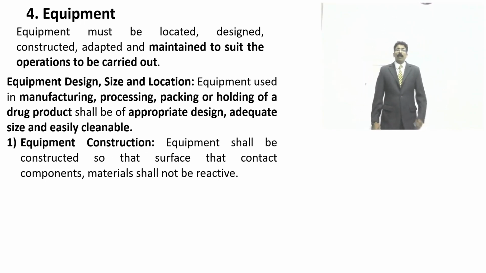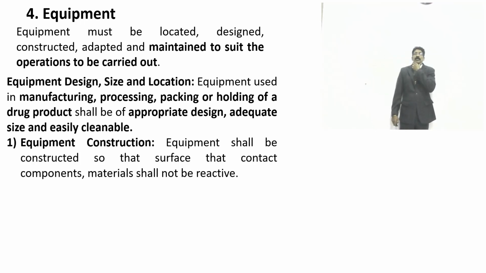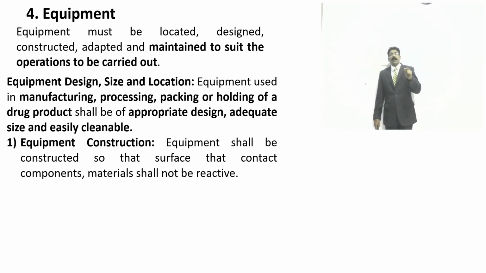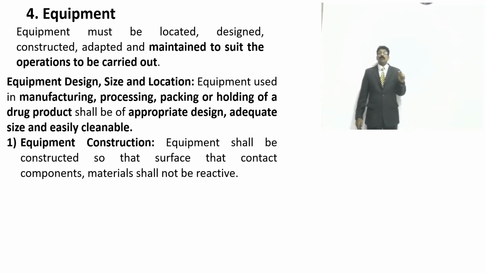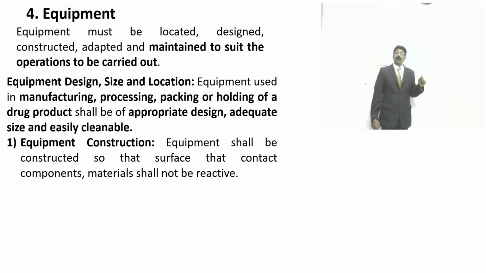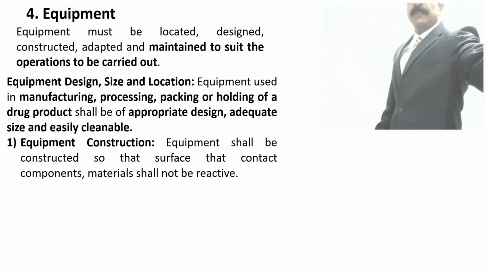Number 1, equipment construction. Equipment shall be constructed so that surfaces that contact component material should not be reactive. The material should not be reactive with the metals or the material used for the equipments you are using for the production. That is also a major thing which you have to remember.